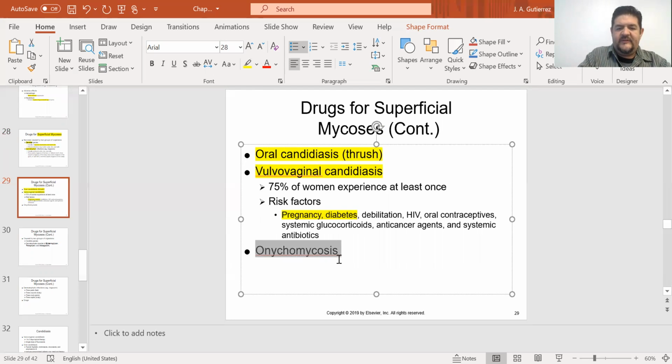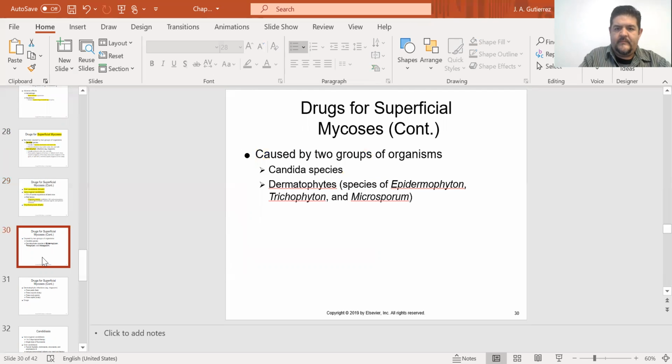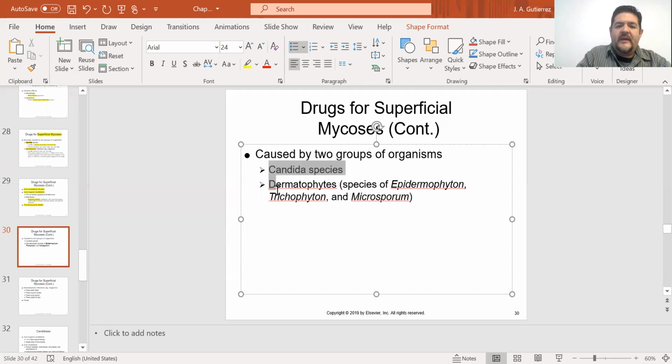And onychomycosis, infections in nails. Onycho means nail. Already mentioned Candida. And regarding dermatophytes, there's a few of them.